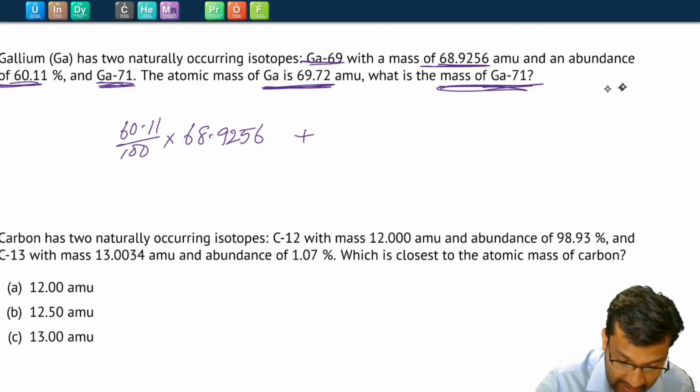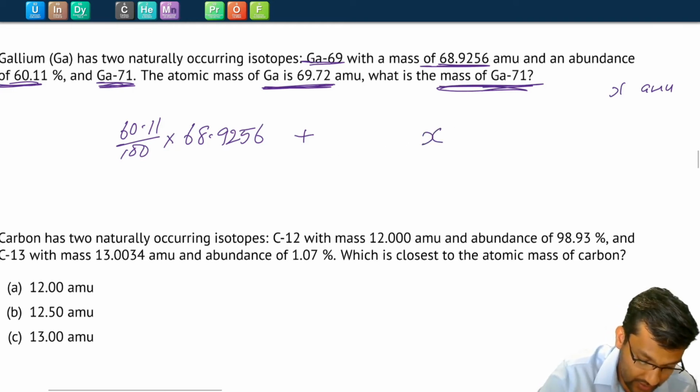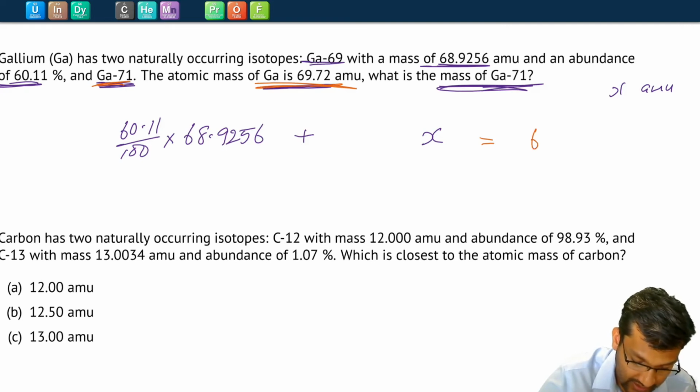So let's call the mass X atomic mass units. So X atomic mass units times the abundance should give us the average atomic mass, which is 69.72 atomic mass units.